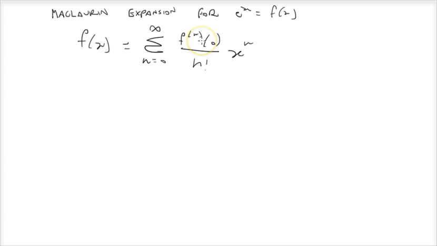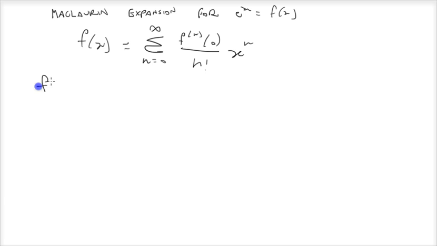So first, in order to write out what this particular series is going to be, we need to find a couple terms, probably 3 or 4, to the point where we're going to be able to start seeing a pattern, and then write out the general expression for that series. In order to do that, we have to find a couple derivatives.